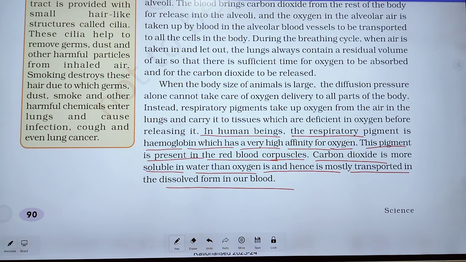This pigment, hemoglobin, is present in the RBCs.